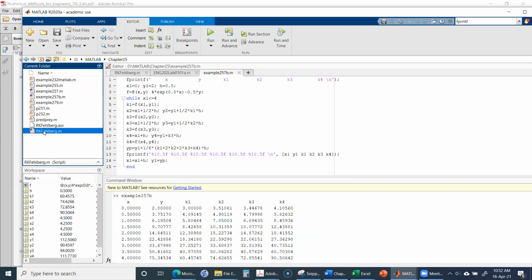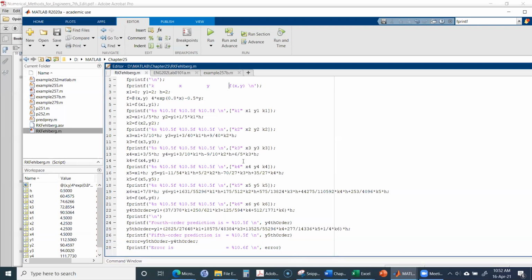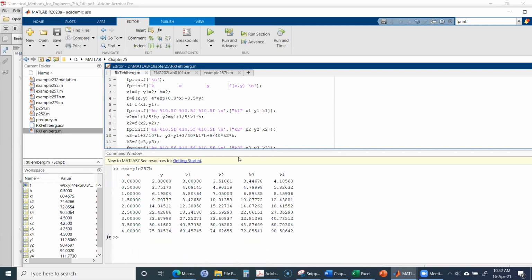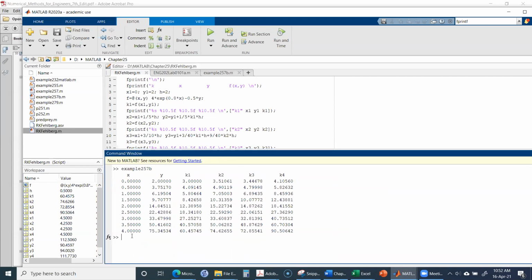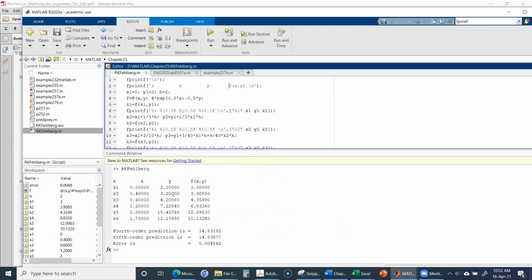Oh yeah, this RK Fehlberg method. For this RK Fehlberg method, you can just make a script for the values of k1, k2, k3, k4, and when you run that script over here, then you can find these values of x, y, and k1, k2, k3, k4.